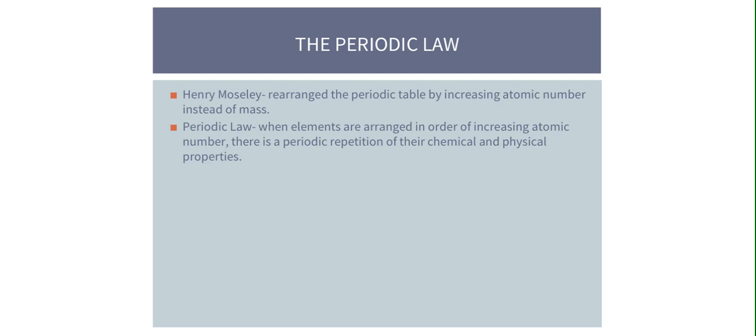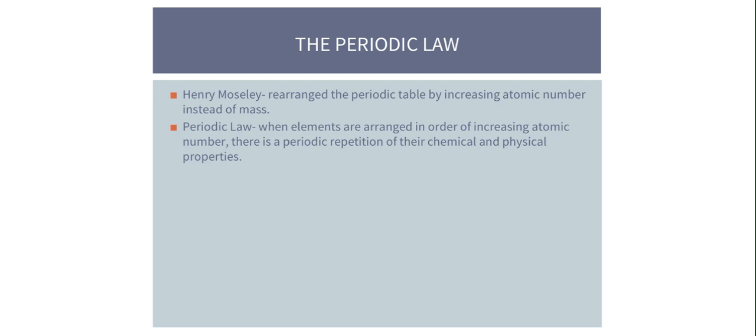So when he did this, the issues that came along with Mendeleev's periodic table completely went away. So I talked about beryllium and iodine earlier, and when we switched those back based off their atomic numbers, those trends worked perfectly. And so this came up with the idea of the periodic law.